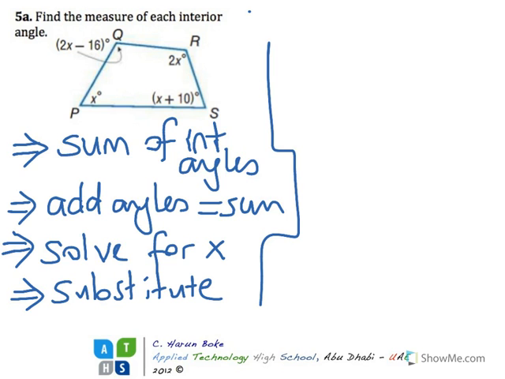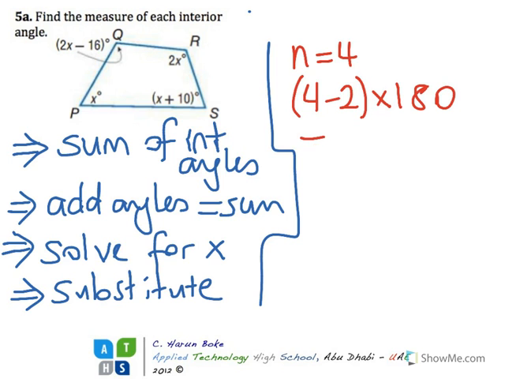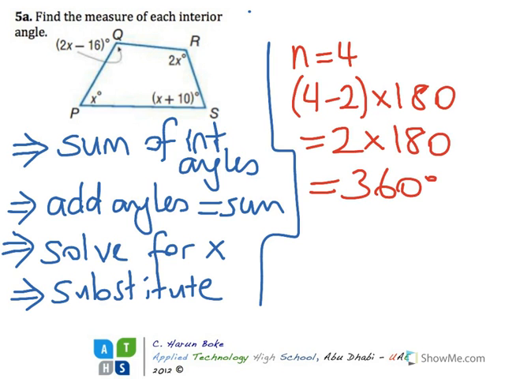Now let's do that. First of all, the sum of interior angles. We have 4 sides here, so n is 4, hence it will be 4 minus 2 times 180 for the sum of interior angles, which is 2 times 180, which gives us 360 degrees.